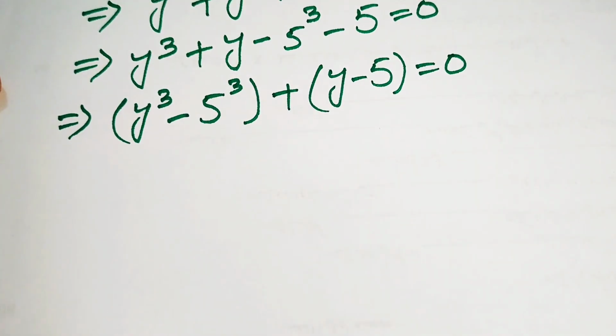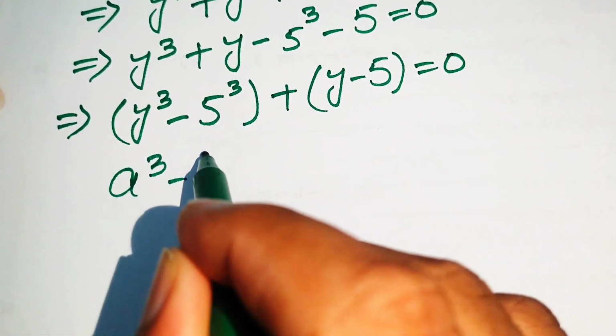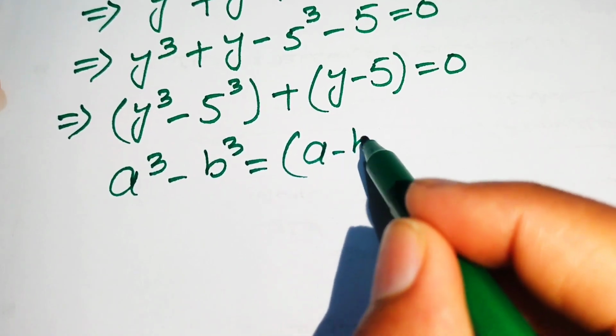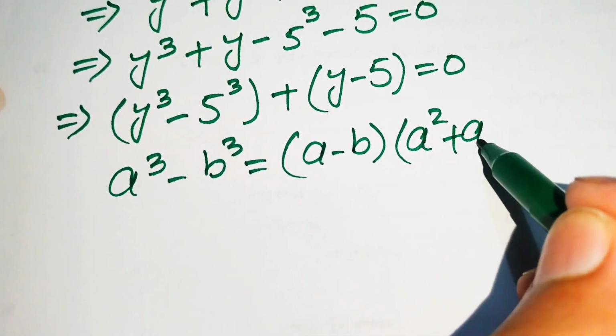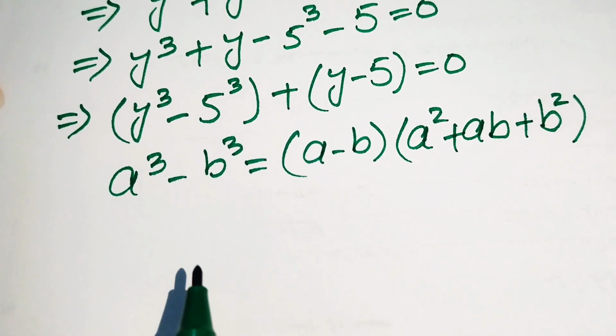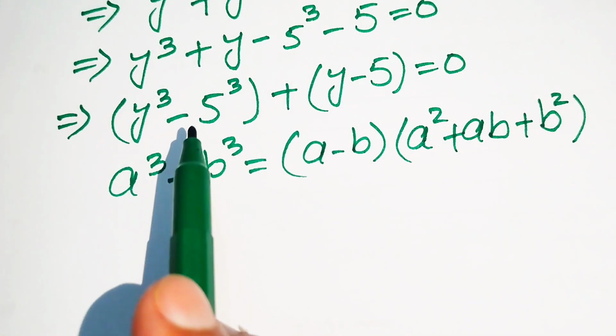You know about this formula: a cubed minus b cubed equals a minus b times a square plus ab plus b square.